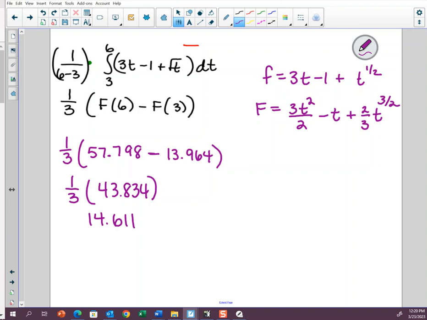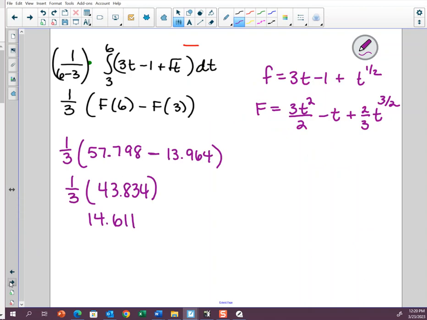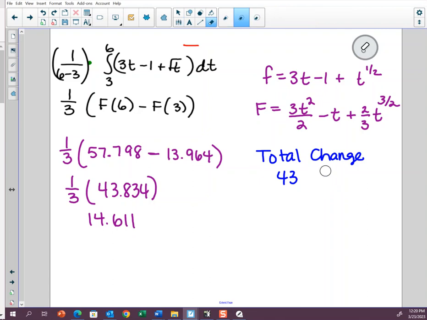What was this problem about? Where my cursor is, there it is. Change in earnings in dollars per month. So the total change was 43.83834 dollars.